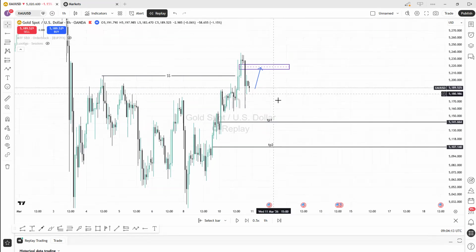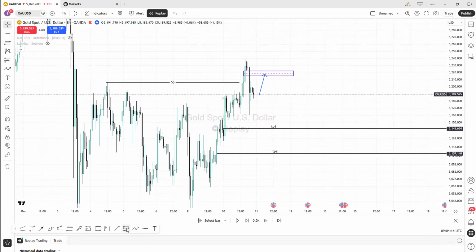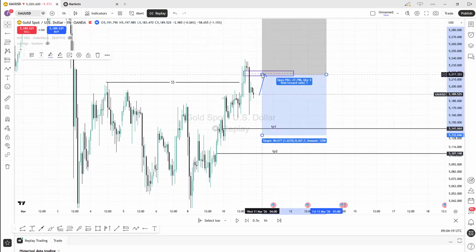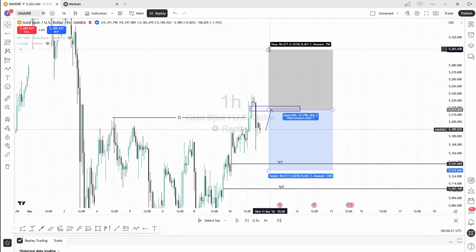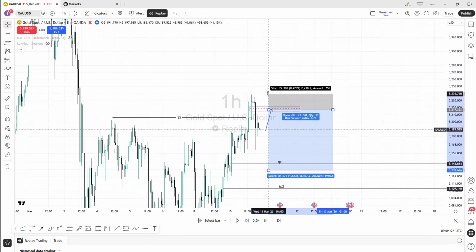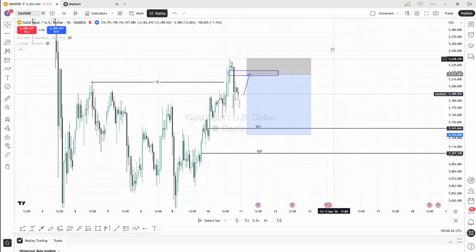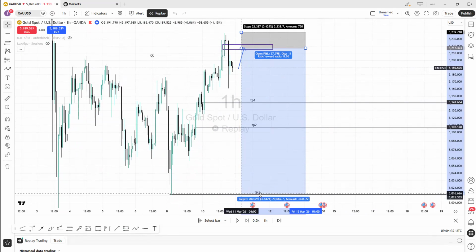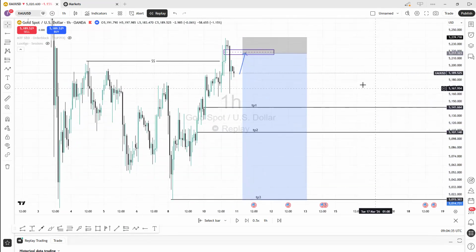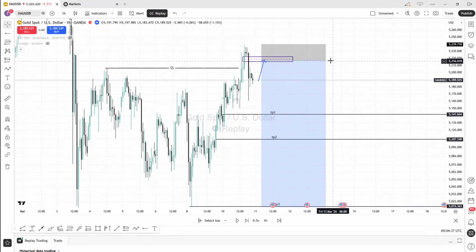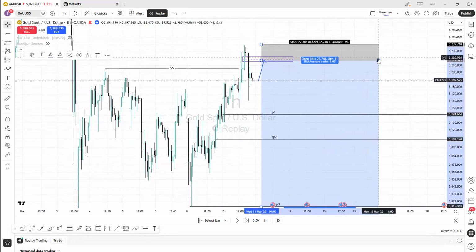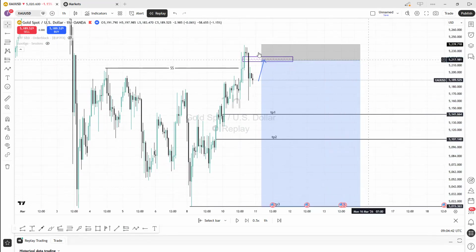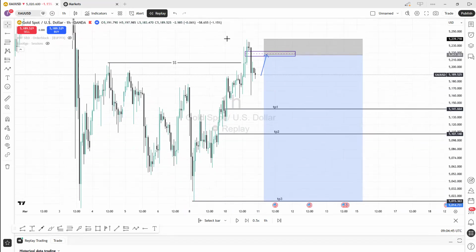Okay, so now we are going to wait for a retracement to that IFVG, and then our stop loss will be on that swing high here, and our final TP will be here on this swing low. Okay, that is a very clear way of using IFVG, inversion fair value gap. Okay, inversion or inverted.